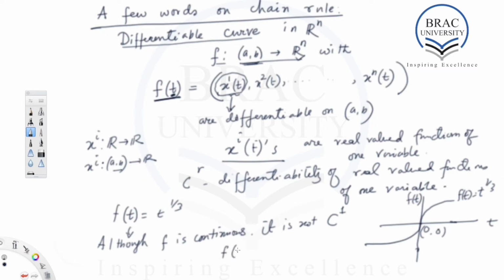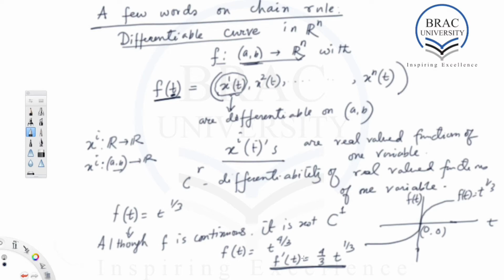Now, for example, take the function f(t) equal to t^(4/3). The first derivative will be (4/3) t^(1/3). We have already studied that this function is continuous, but it is not differentiable.